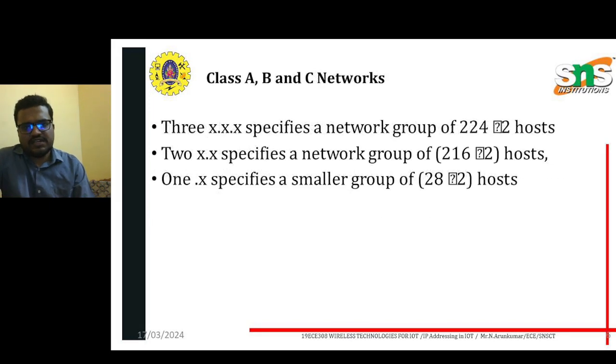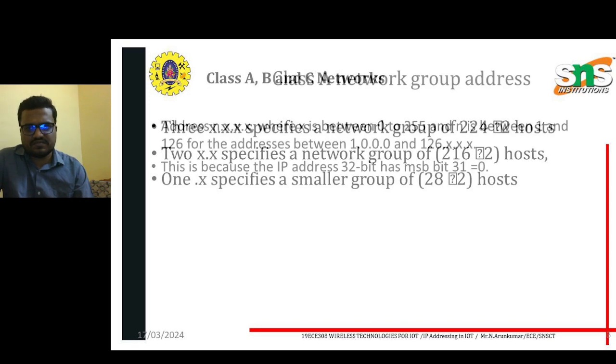Initially, the networks are classified into three types: class A, class B and class C networks. The class A address x.x.x specifies a network group of 2^24 hosts. Next, class B, x.x.x specifies a network group of 2^16 hosts, as well as class C, which specifies a smaller group of 2^8 hosts.